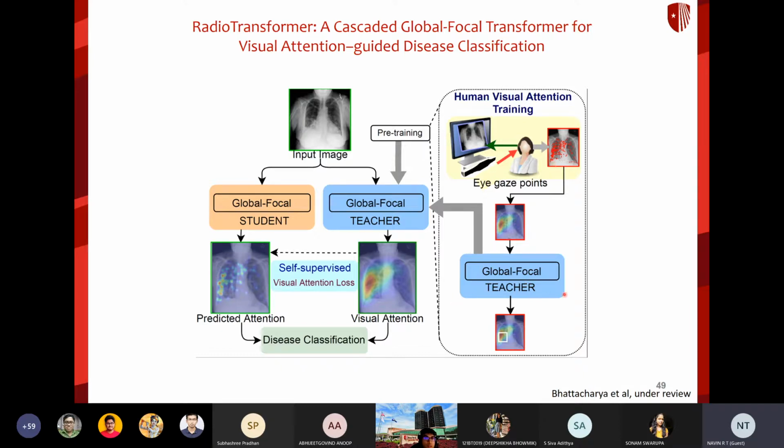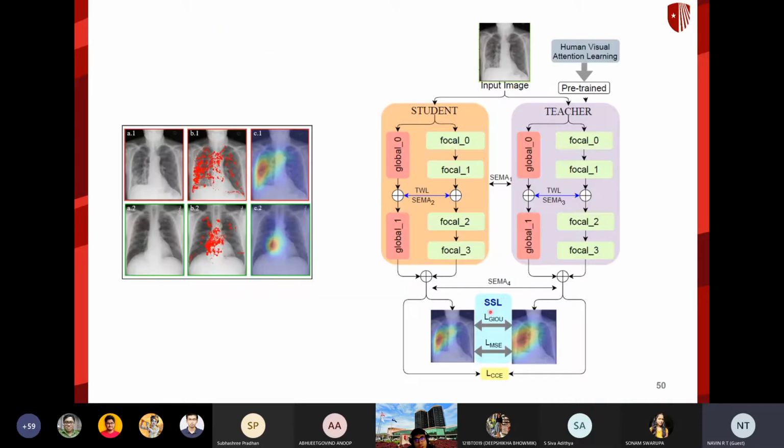Once this teacher model has learned how to understand the gaze patterns, it teaches the student model to replicate the pattern using the predicted attention that you see here. And now we develop a visual attention loss that is then used to improve this automated disease classification task.